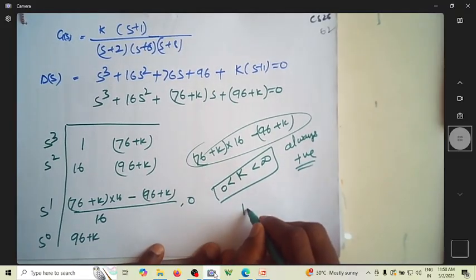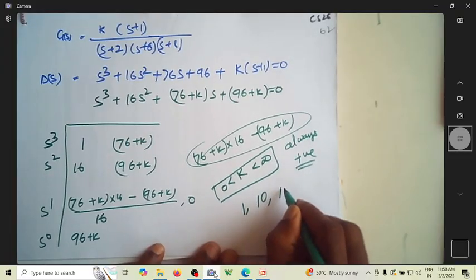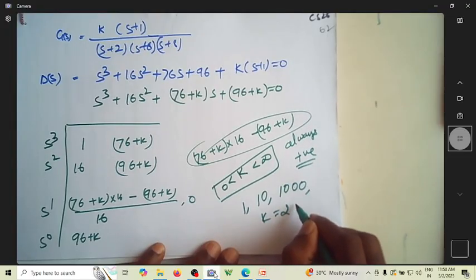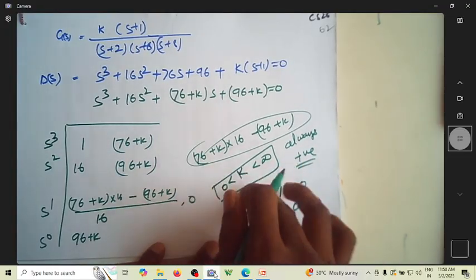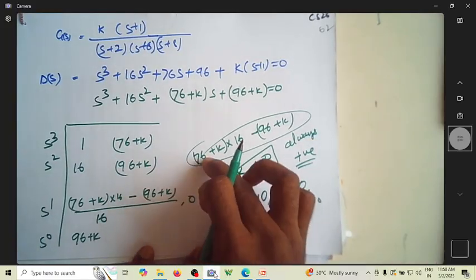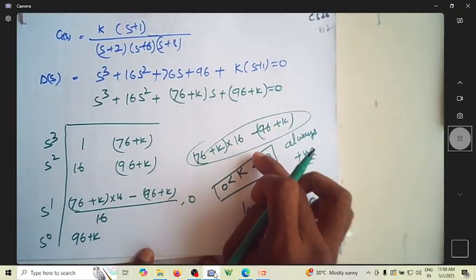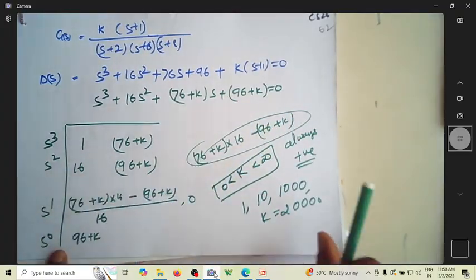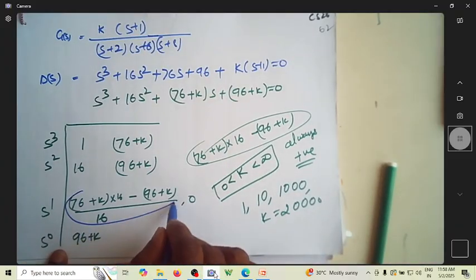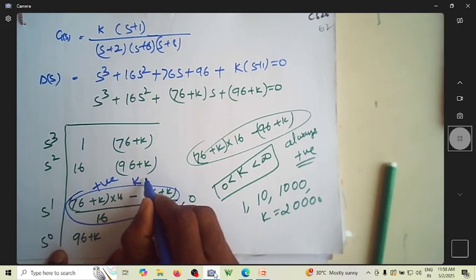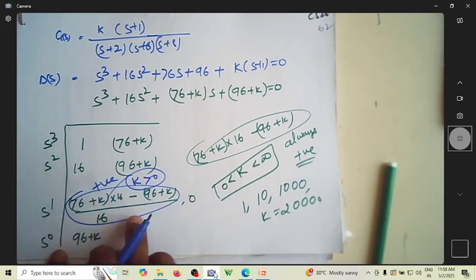Give k as 1, k as 100, k as 1000, maybe 20,000, whatever value of k you give, it will always be positive, because this is always greater than this. So naturally, this term is always positive for all values of k greater than 0.